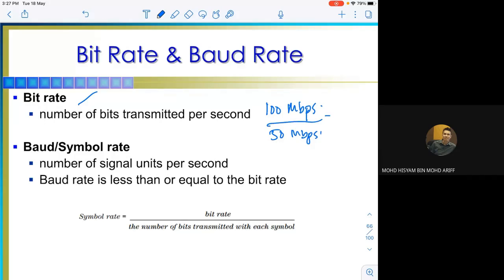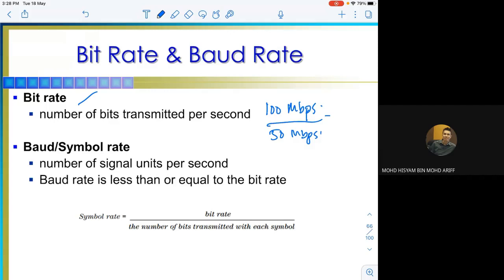You check dekat ni. Sekejap saya nak tunjuk kat mana. Okay ni, kadang-kadang you pun pergi check speed.